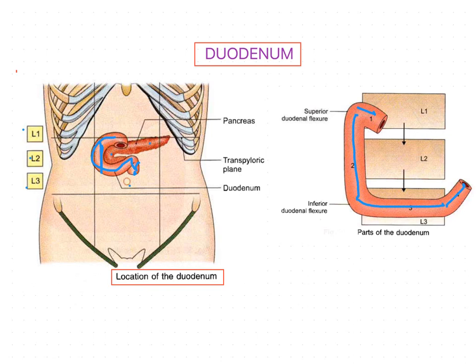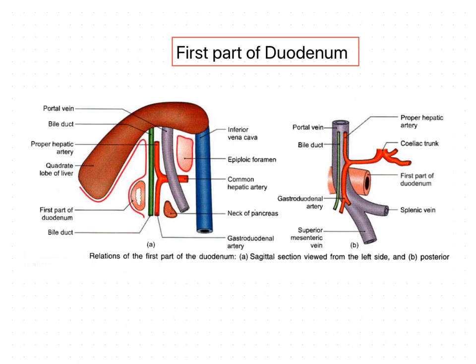In this picture you have the sagittal section on the left side with the relations, and in B you can find the posterior relations of the duodenum. This one shows the anterior relations.